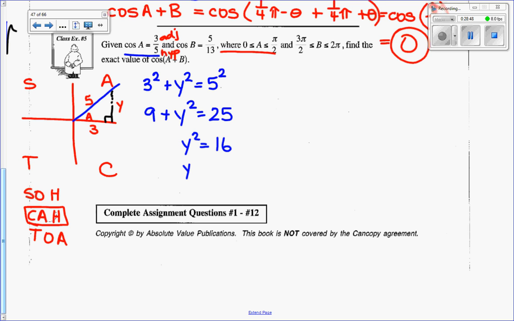Take the square root, so y equals positive or negative 4. Now, could y be negative 4 in this quadrant? My y's would be positive, so that tells me right away, not negative 4, my y is 4, because I know what quadrant it's in.